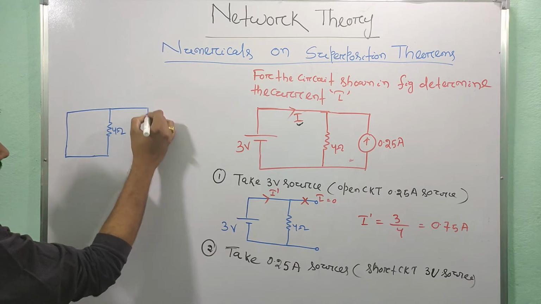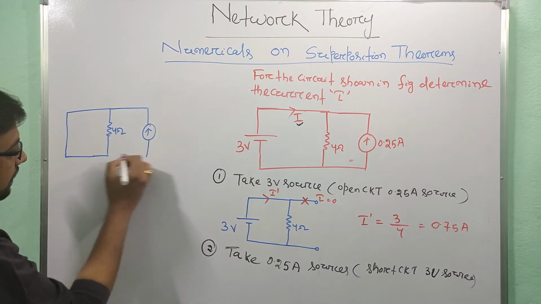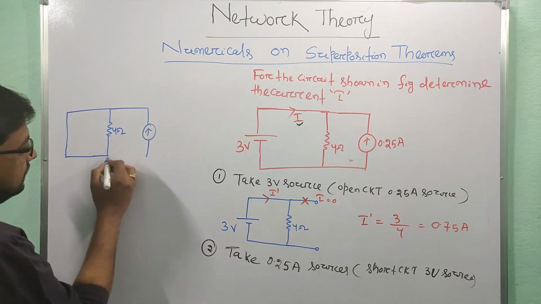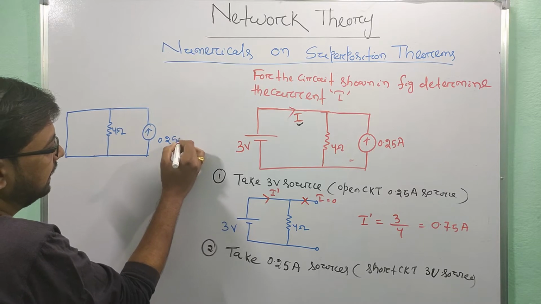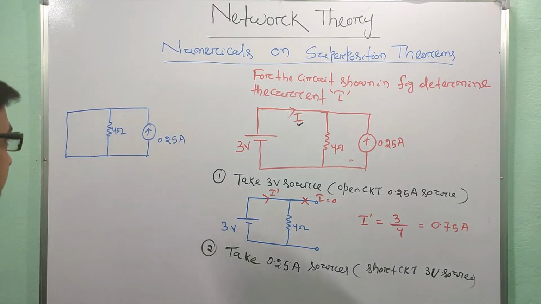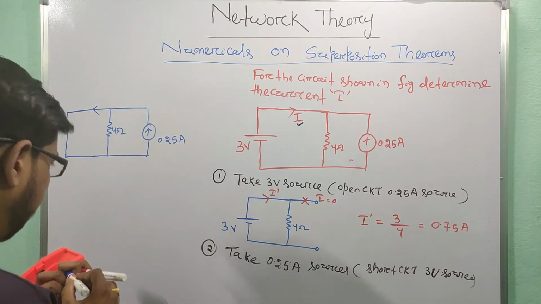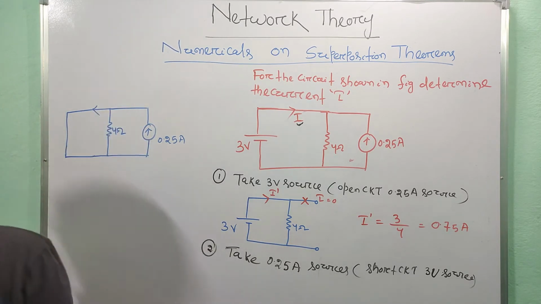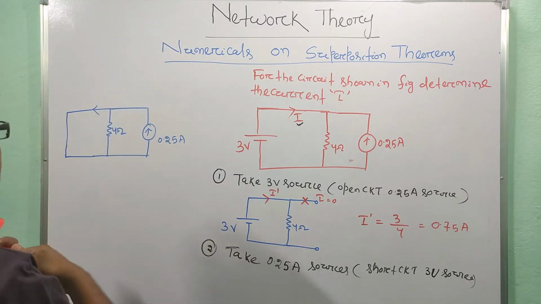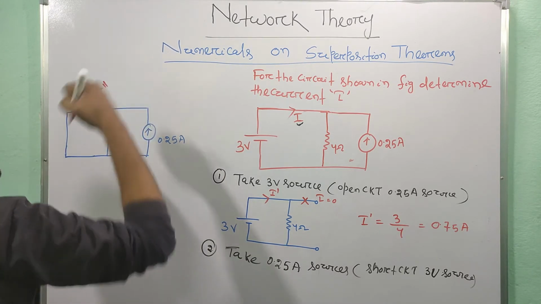Now this is my 0.25 ampere. What is my current? My current direction is this one, that is I double dash.